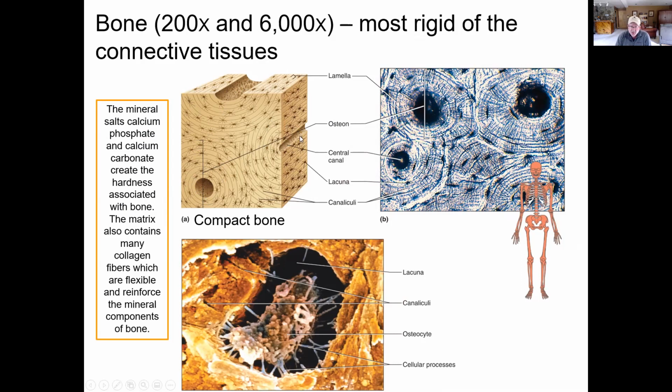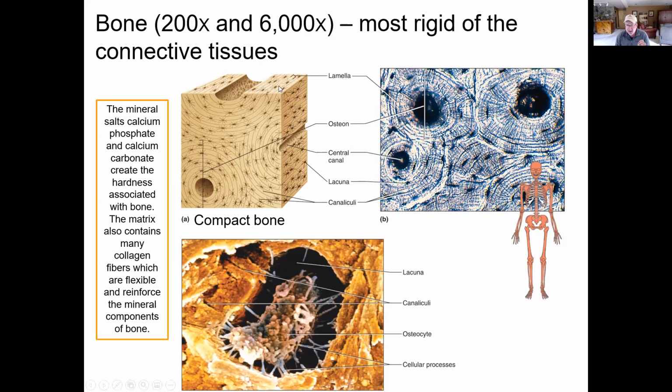And then if you look really close, you see these sort of rings, kind of like rings of a tree, right? These rings are called lamellae. They basically define the matrix material made up of calcium carbonate and calcium phosphate salts, as well as collagen fibers.